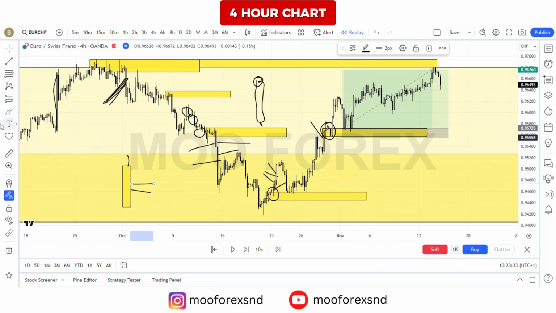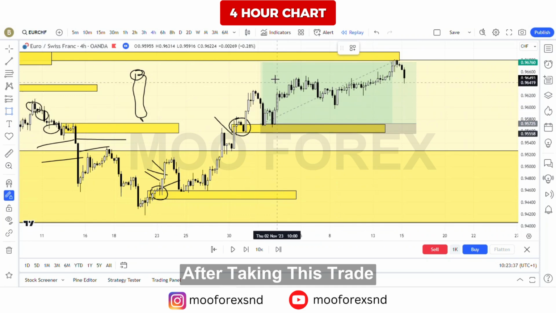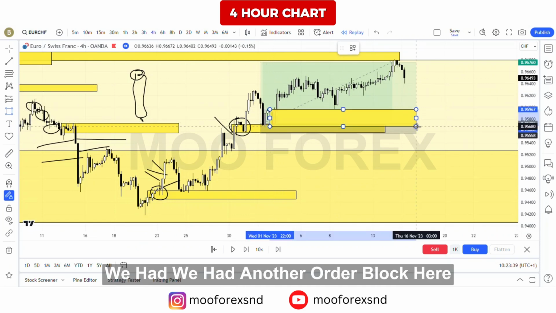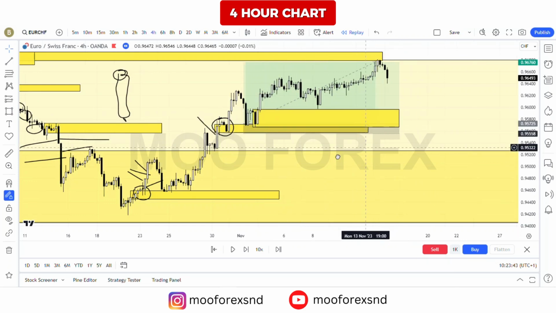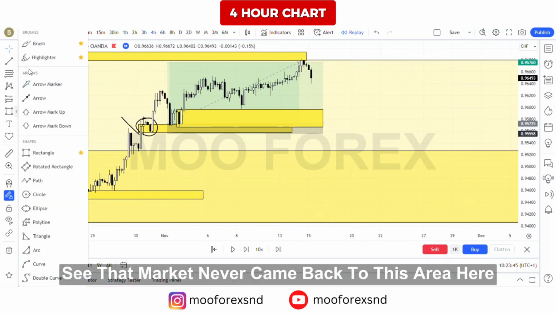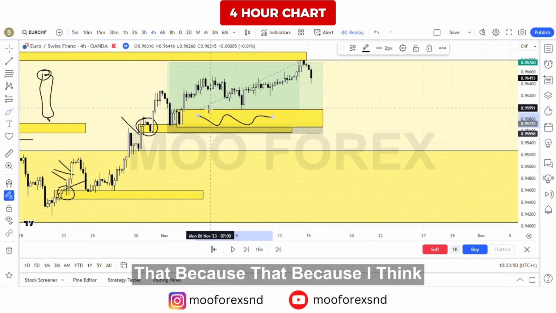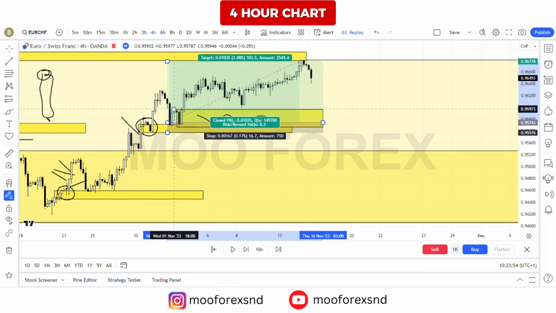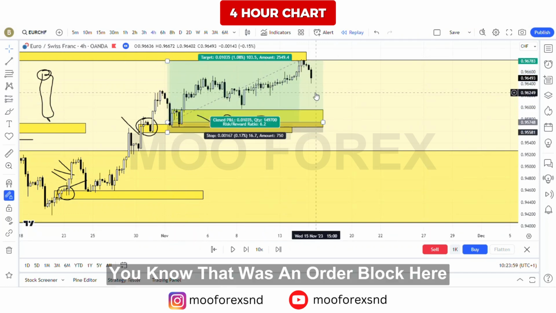And of course here, after this trade, we had another order block, but I never actually placed the order. We can also see that the market never came back to this area. One second, yes, there was an order block here.